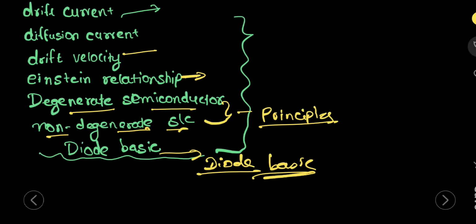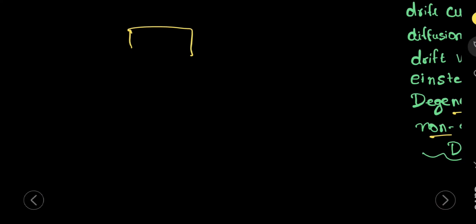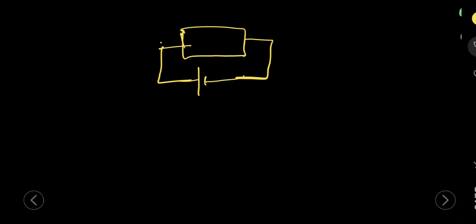So first we will talk about what is drift current. When we talk about semiconductor material, or any material, we can assume semiconductor material is there.